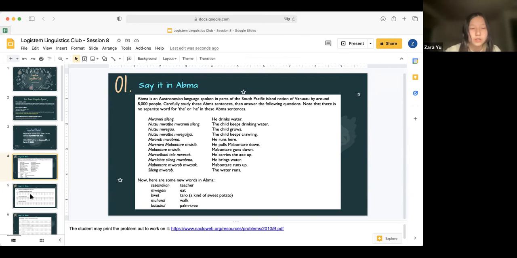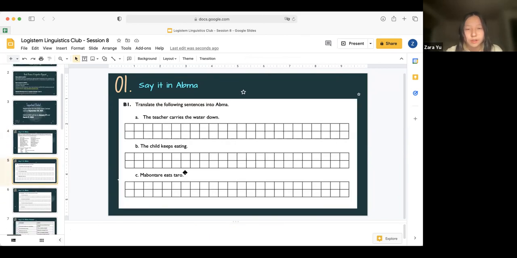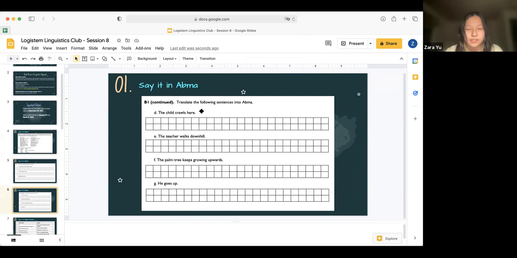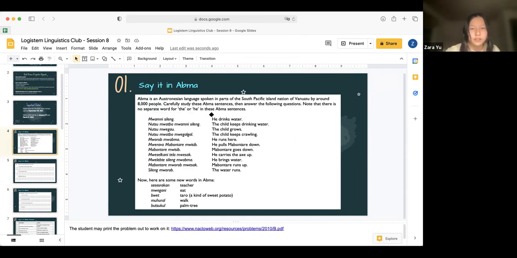What you have to do is translate the following sentences into the language, given these sentences here. I'll copy the link for this problem in the chat, and then I'll put you guys in breakout rooms so you can work on it with each other if you need help.